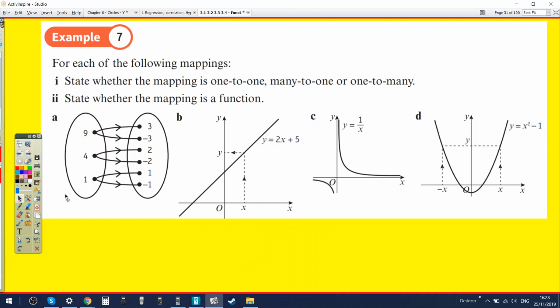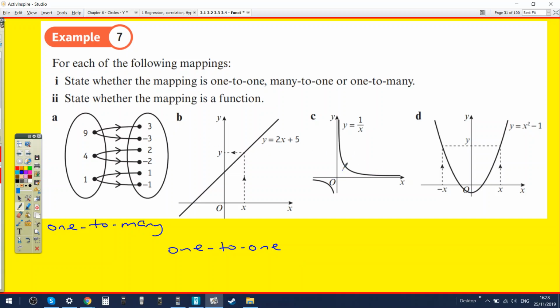Do you already know this? A is one-to-many. Mm-hmm. Is B one-to-one? Mm-hmm. I'm not quite sure about C. I think C is 1-to-1.